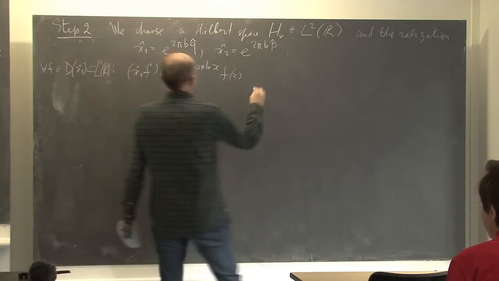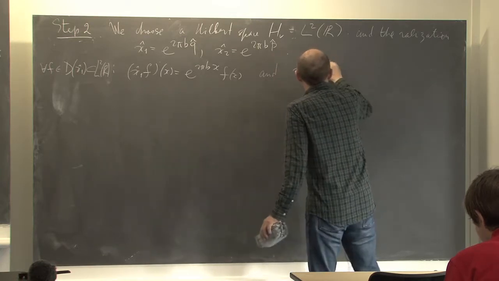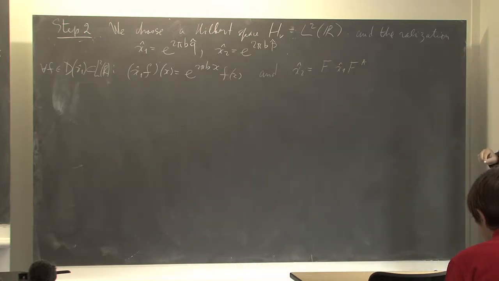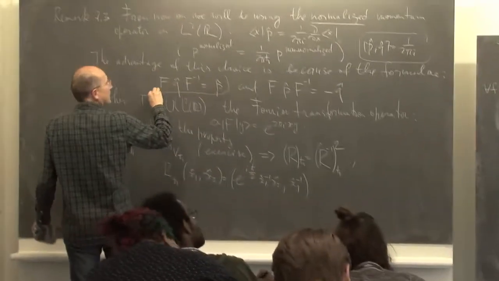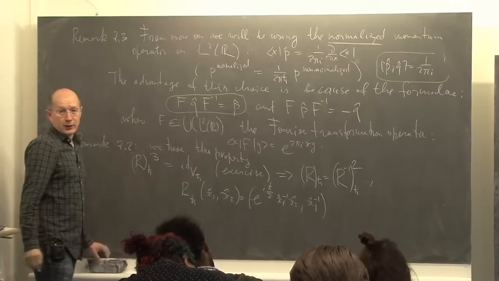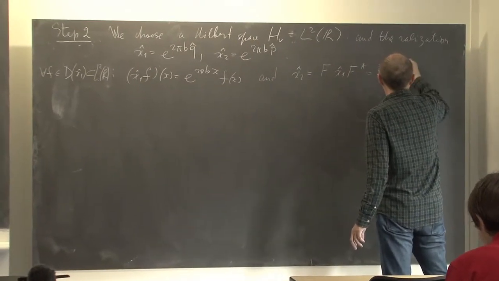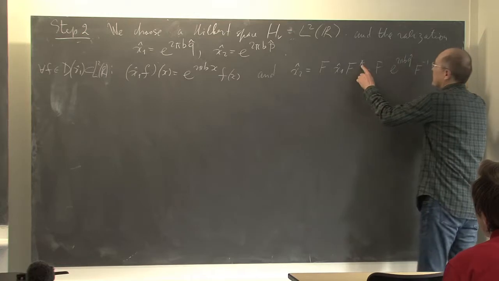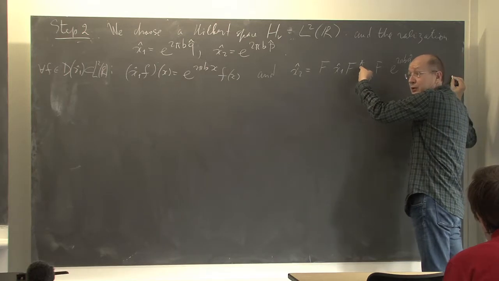And X2 hat is equal to the conjugation by Fourier of X1 hat, because of that formula. If we continue this, F e^{2πbQ} F minus. So this is a Hermitian conjugate, but F is unitary, so Hermitian conjugate is the same as the inverse.